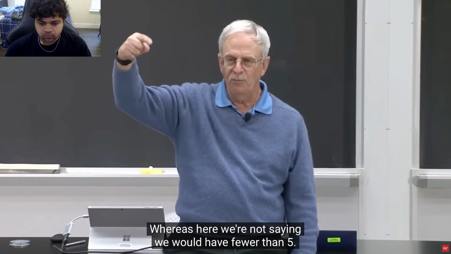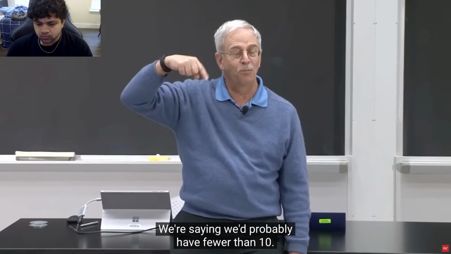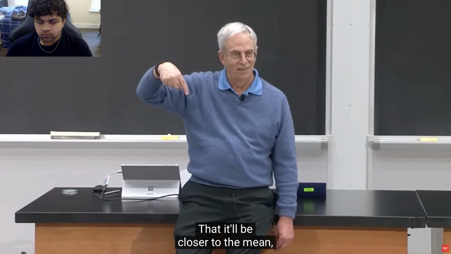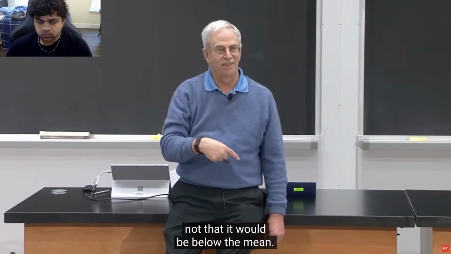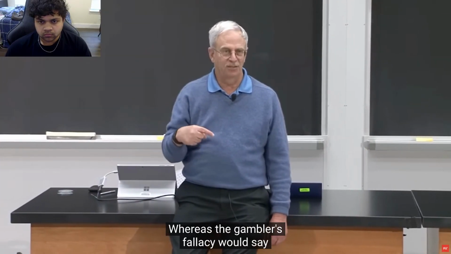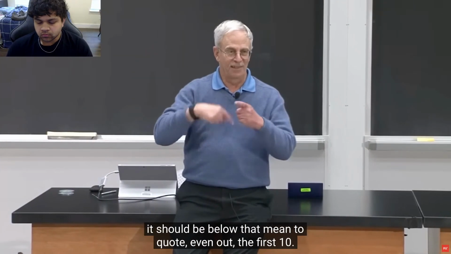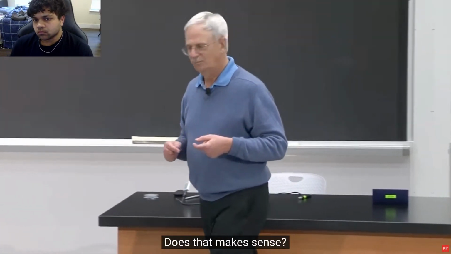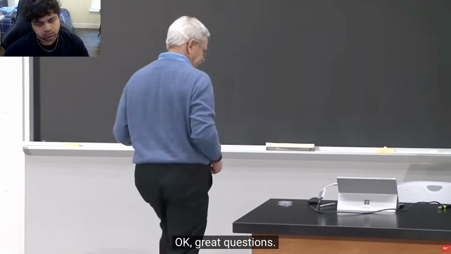Whereas here we're not saying we would have fewer than 5, we're saying we'd probably have fewer than 10, that it'll be closer to the mean, not that it would be below the mean. Whereas the gambler's fallacy would say it should be below the mean to, quote, even out the first 10. Does that make sense? Okay, great questions. Thank you.